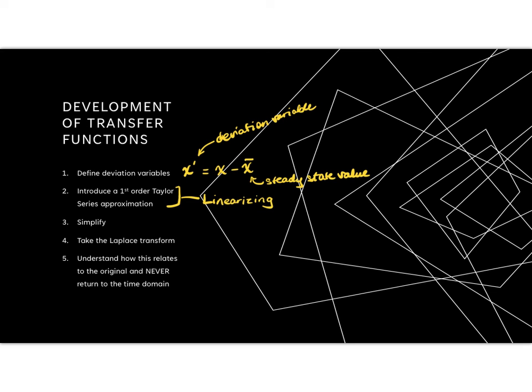We're going to realize very quickly that I can tell a lot about what's going on in the problem by looking at simply the Laplace domain expression. Okay? So I'm going to pause the video here, and we're going to do another example of developing a transfer function. First, we'll do it for a linear differential equation.